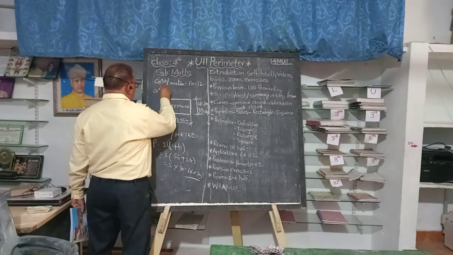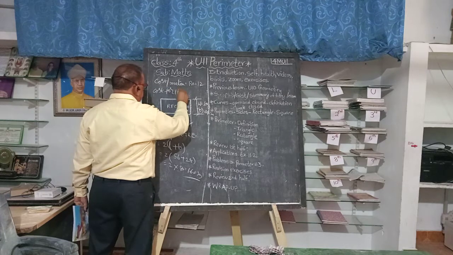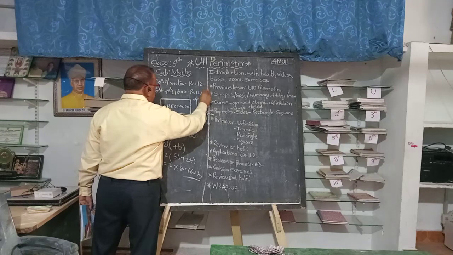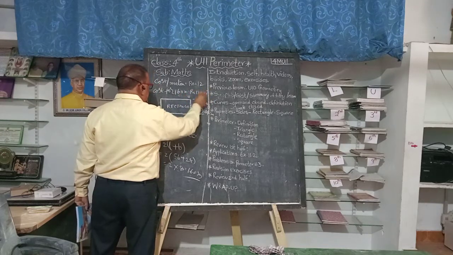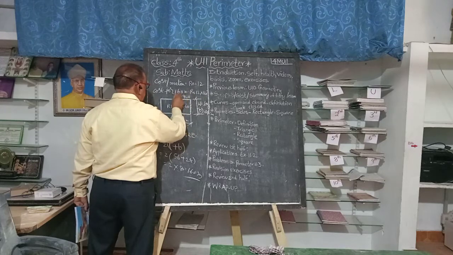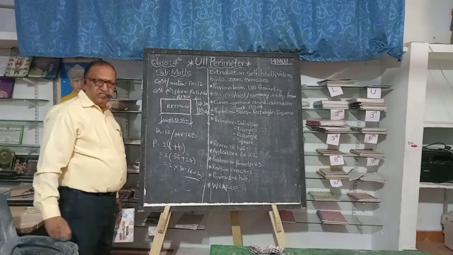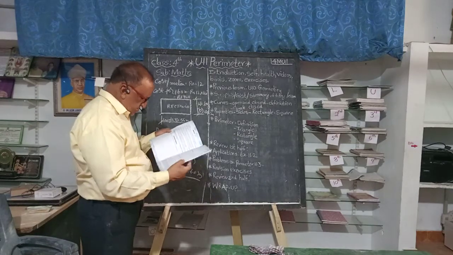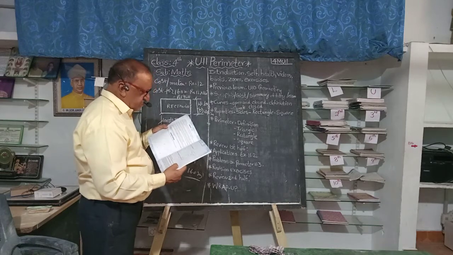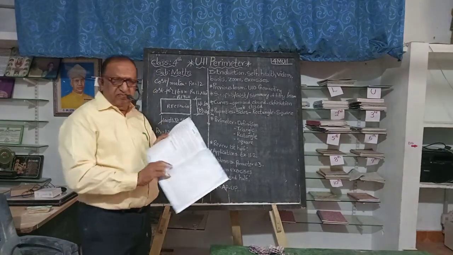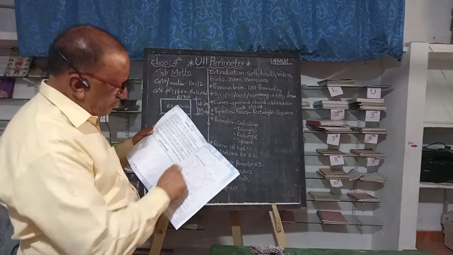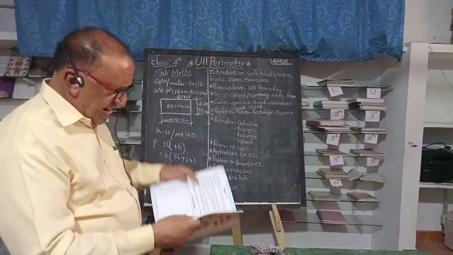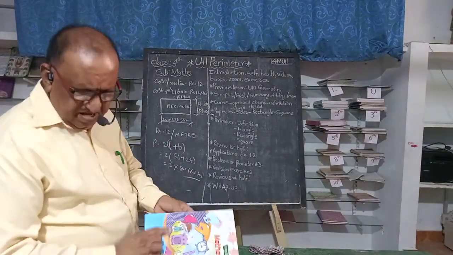So the cost for 160 meters is equal to rupees 12 into 160. That is equal to 1920 rupees. So rupees 1920. That's how we calculate. So there is a problem like that. We can do it, and there are some different shapes here. When you want to find the perimeter, all you have to do is add the lengths, and then you will get the perimeter.